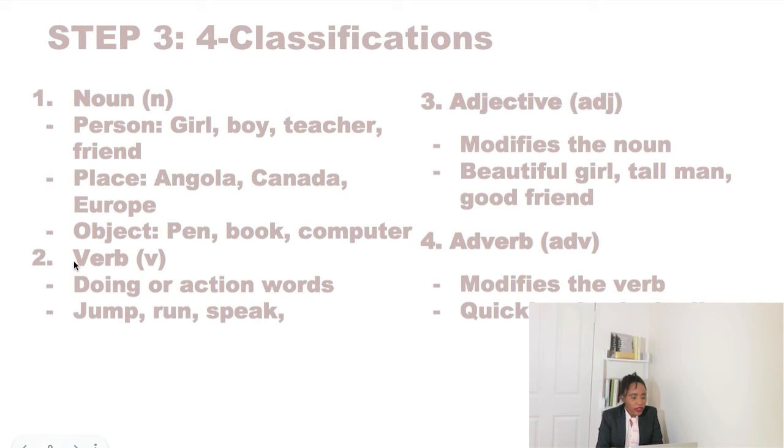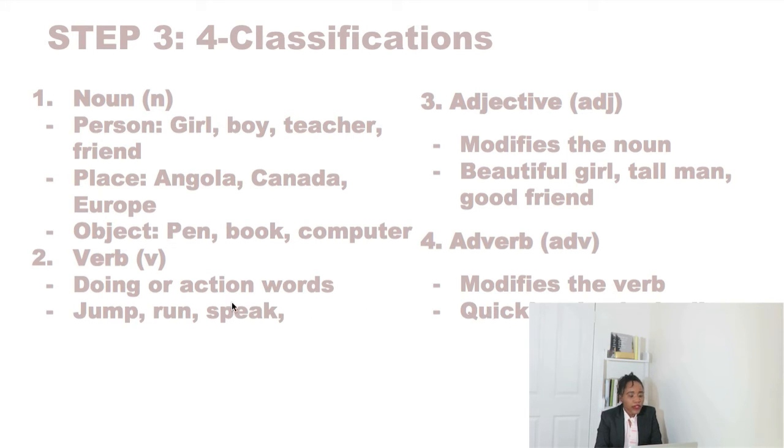So in other words, in the second category where we have our verbs, we have terms like jump, run, and speak. But the moment you add quickly, or slowly, or badly, alongside these verbs, then it certainly does tell you more about the verb.